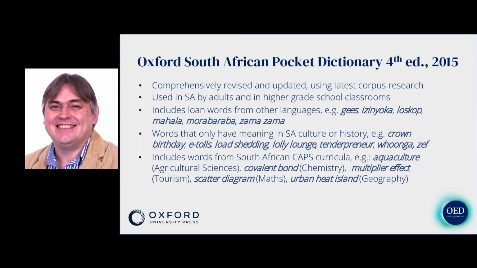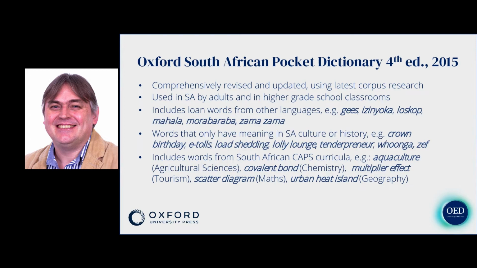This dictionary is also used in South Africa by adults and in higher grade school classrooms, but you'll find a lot more of these dictionaries being used by the pupils themselves and not just as classroom copies. Again, this dictionary included loanwords from other languages such as Gies, Izinyoka, Loskop, Mahala, Murabaraba, and Zamazama.